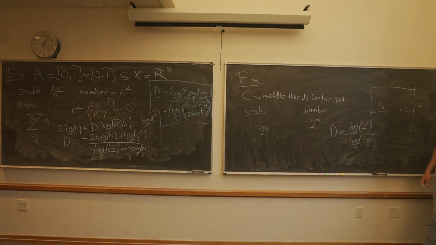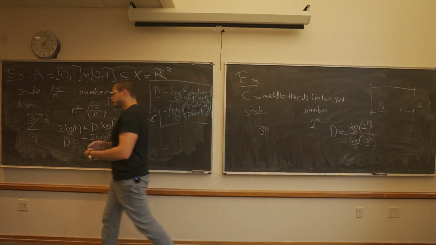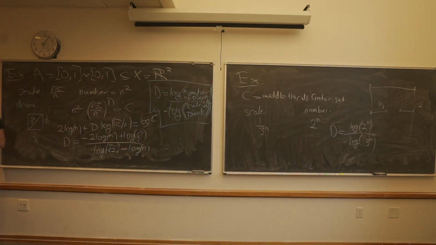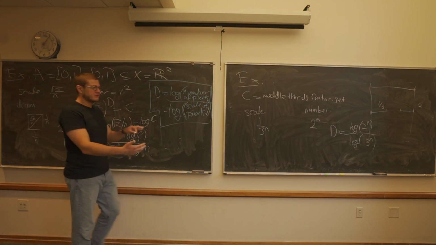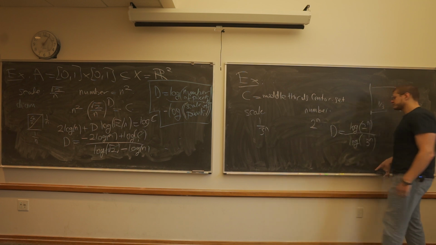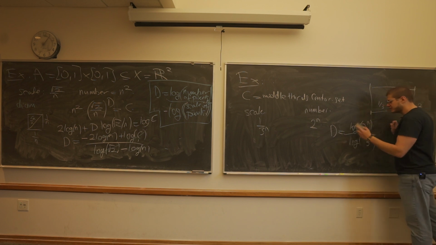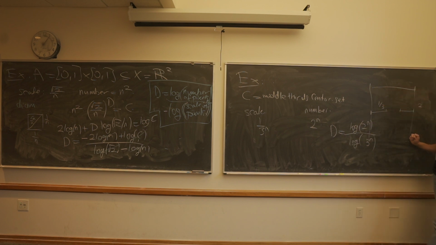So whenever you have a new notion of dimension, the first thing you should do is compute a couple of simple examples so that you know what that dimension should give as numbers for these obvious sets. And then you can figure out the details of the notion. And of course, the n's cancel out here and I get log 2 over log 3, which is the upper similarity dimension. It's the same thing.